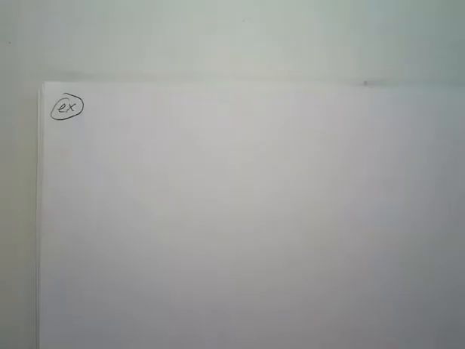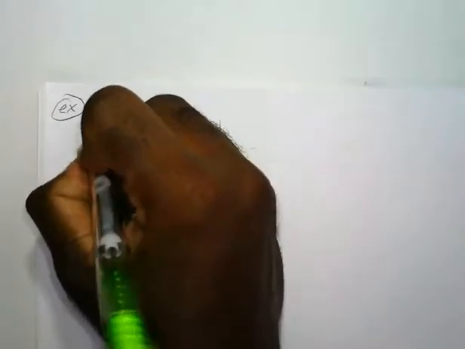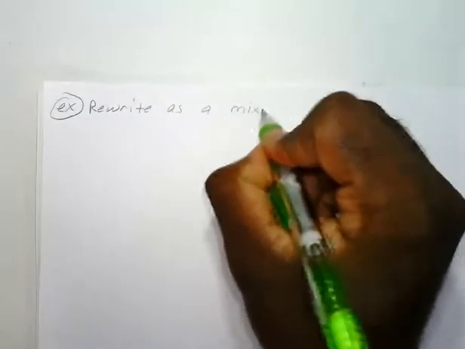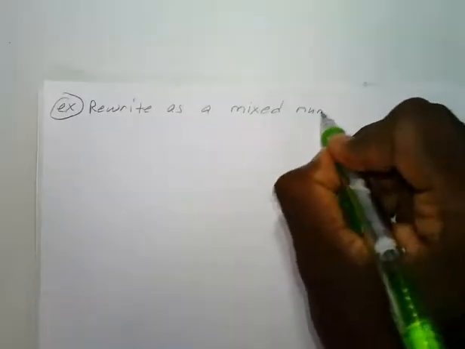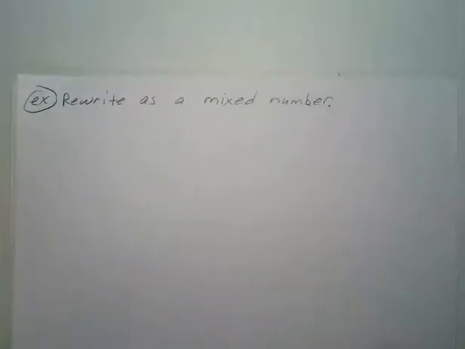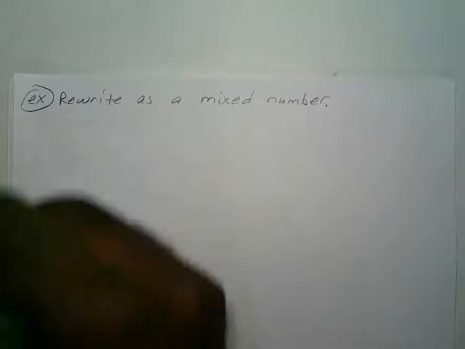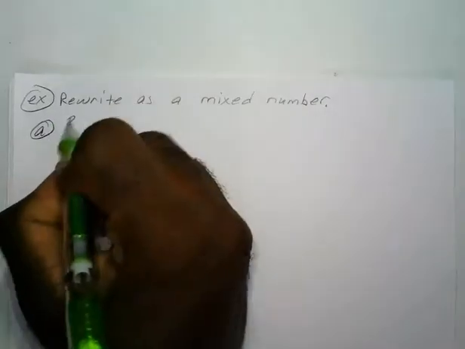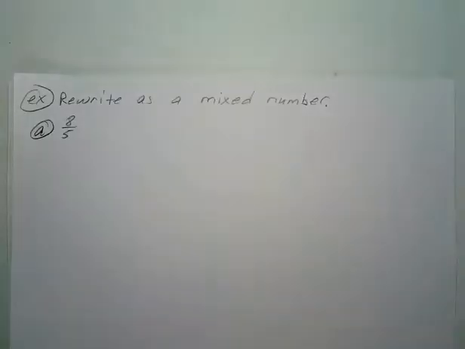So let's say, for example, we want to rewrite these as a mixed number. For problem A, we have our 8/5.